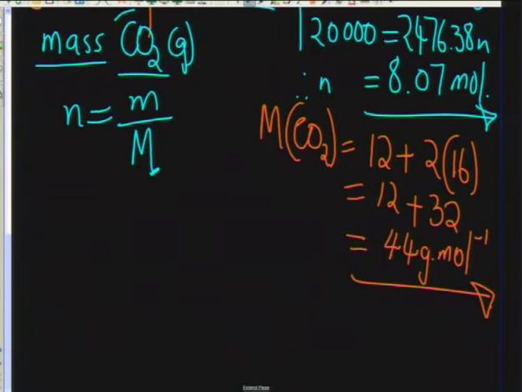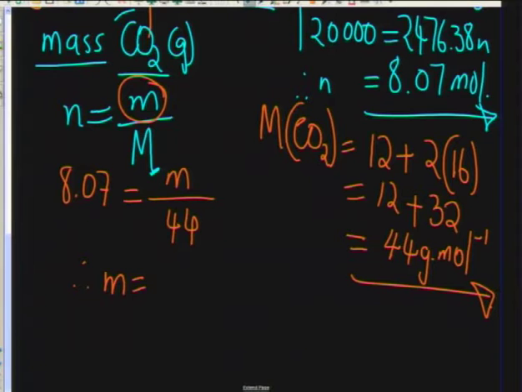So if I want to get the mass, because that is what question number B is asking me to do, it means I will substitute what I have now into this formula. Number of moles is 8.07 equals. The mass is what we are looking for from that question there. The molar mass is 44 grams per mole. Therefore, the mass is going to be 8.07 times 44.